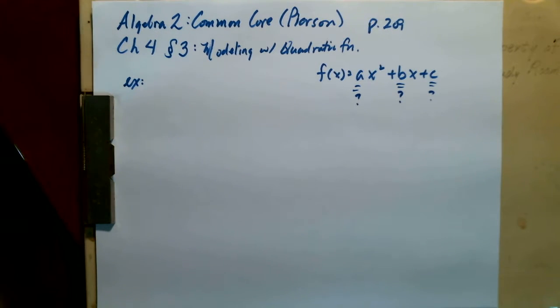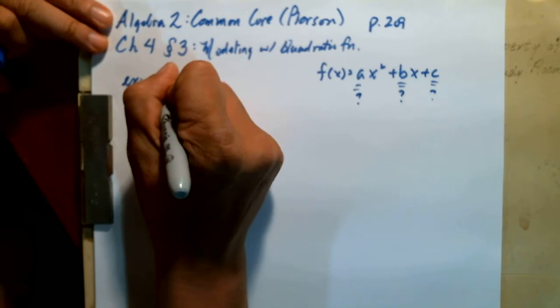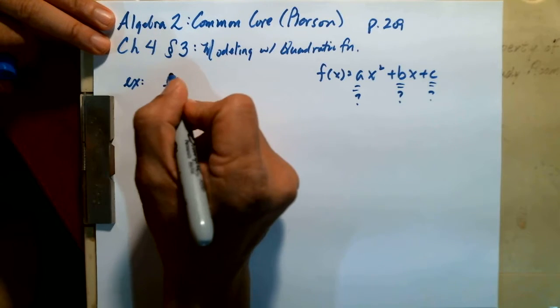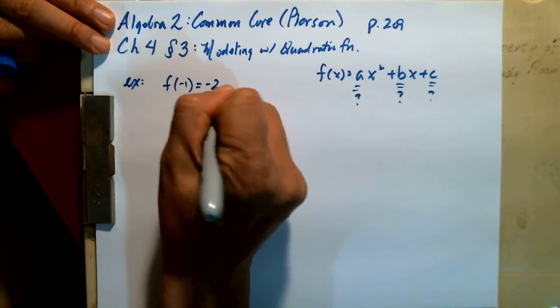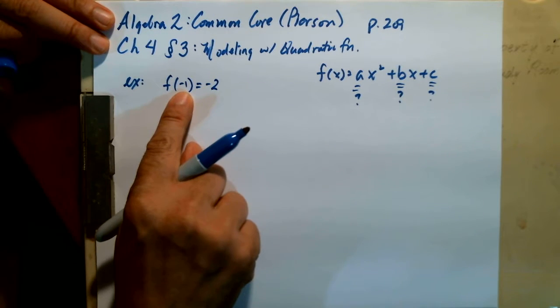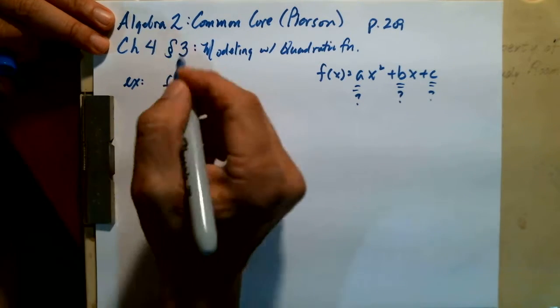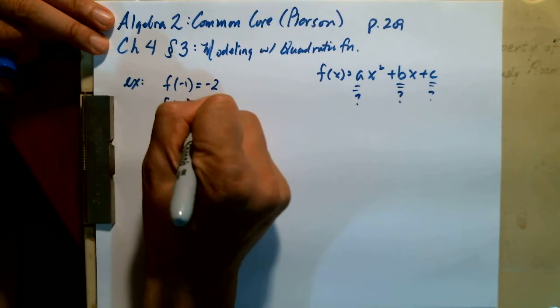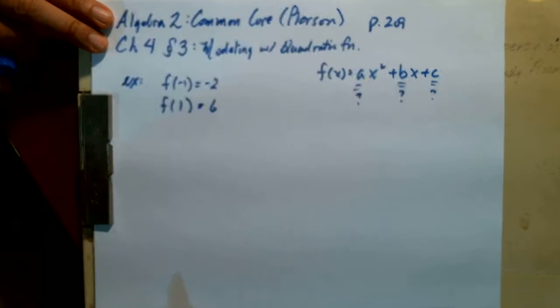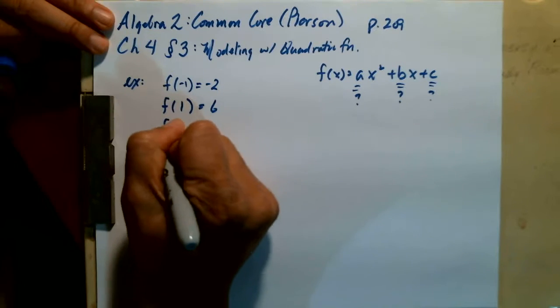Not saying much. Okay, so let's get started on this problem. Let's say when we put -1, we end up with -2. So a function of -1 is -2. They also give you function of 1 is going to be equal to 6. And we also know that they give you f of 0.